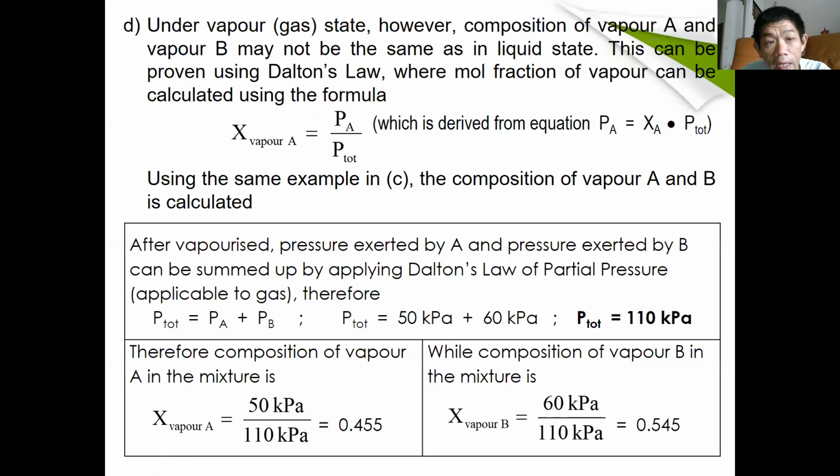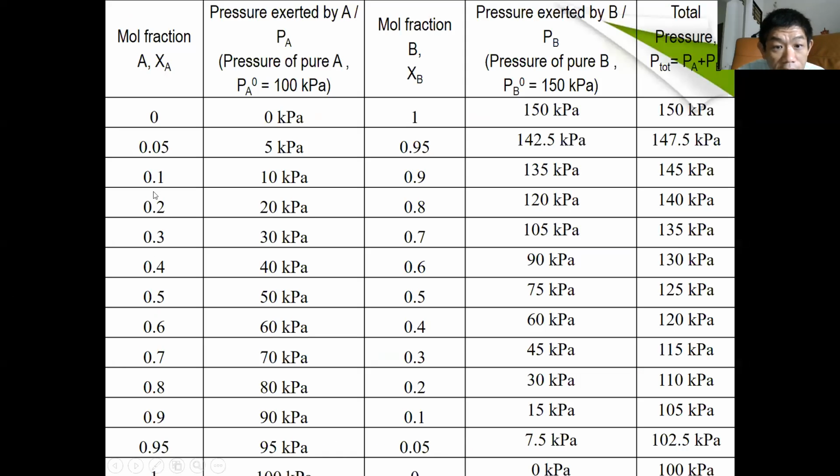So after recalculating the vapor pressures of A and B accordingly, I'm so sorry, I might have made a little mistake. Okay, we continue. Just now, we have total vapor pressure at 0.5, 0.5, isn't it? I'm following this one, sorry, because my slide in here has a little mistake. So you follow your books, which should be corrected already.